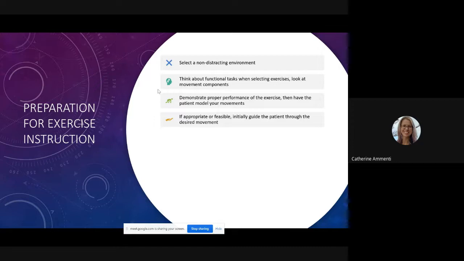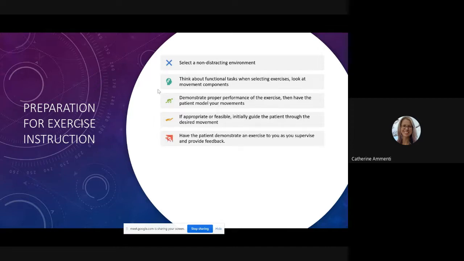You might kneel on the floor next to them and help them glide the leg back and lift it to an appropriate height that allows them to lift the leg without the lumbar spine arching. So you can guide them through the movement, give them tactile cues.